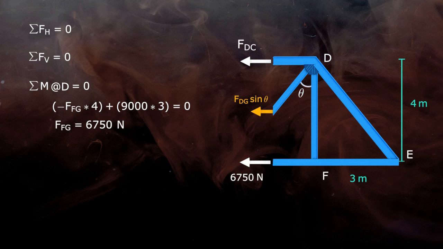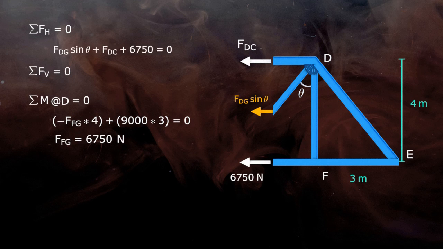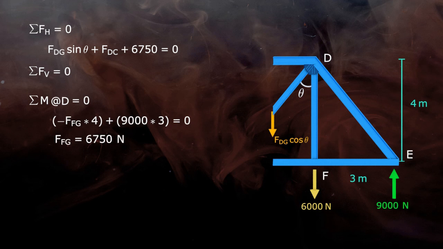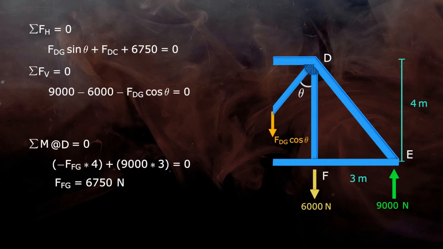Now these are the forces acting in the horizontal direction. So let's add them up because they are in the same direction. There are two unknown forces in this equation. So let's move to the next condition, sigma FV equal to 0, and we get this equation.